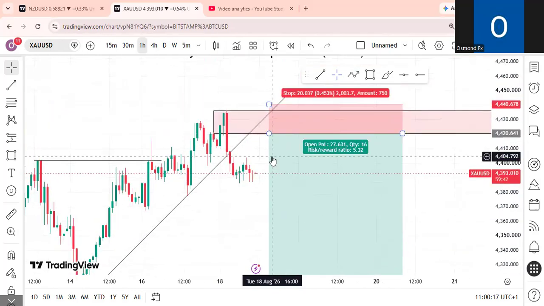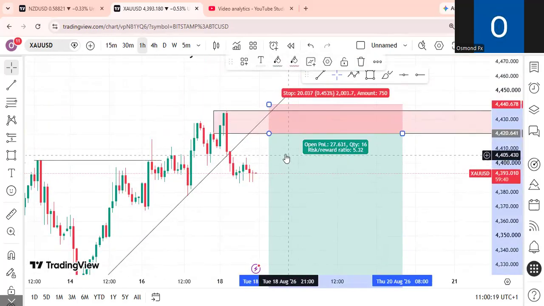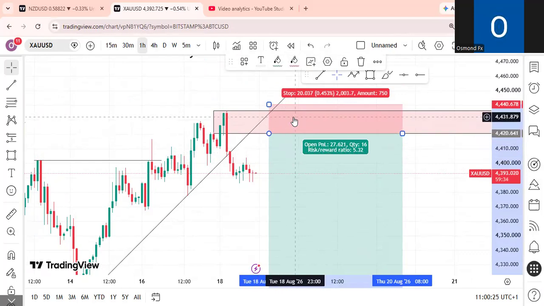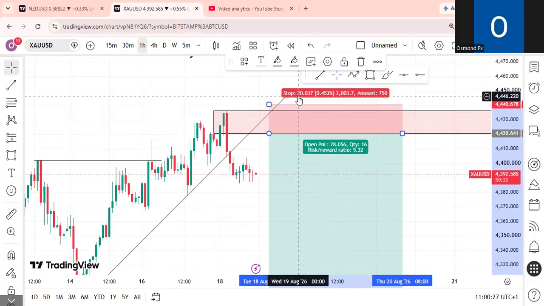So what I want you to do is that whatever lot size you are using, okay, if you are using 0.02, then come over to here. If you use 0.01, just know that you're going to be risking $20. If you use 0.02, that means you're going to be multiplying this 20 by 2, which is 40.